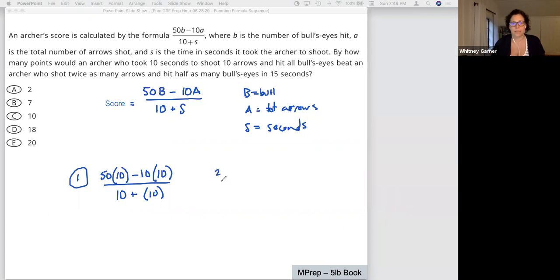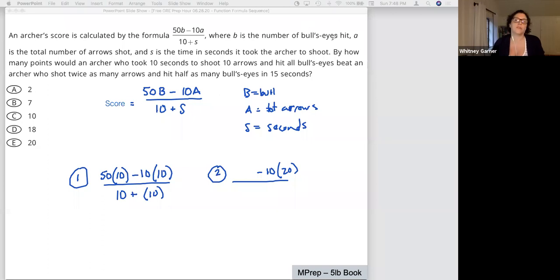Now let's look at our second archer. This person shot twice as many total arrows. So instead of 10 arrows, they shot 20. So minus 10 times 20. And they hit half as many bullseyes. So instead of getting 10 bullseyes, they only hit 5.